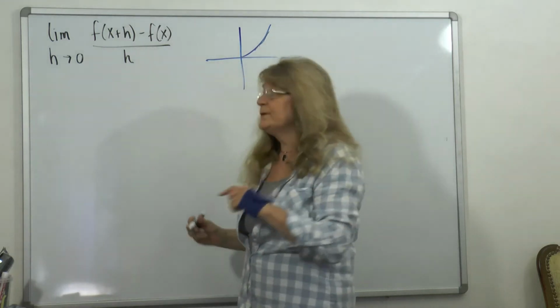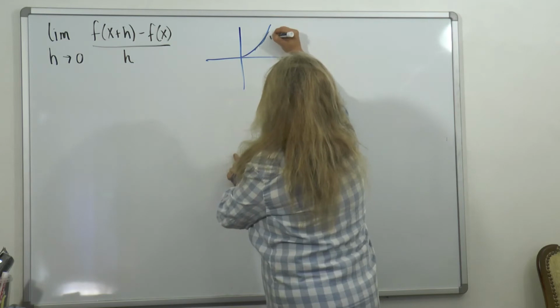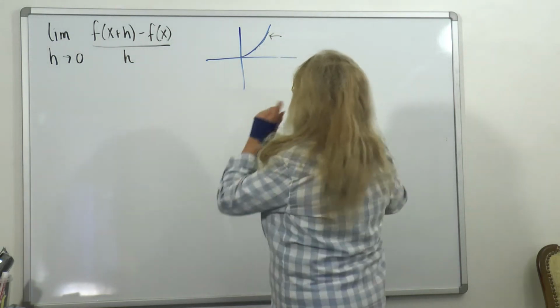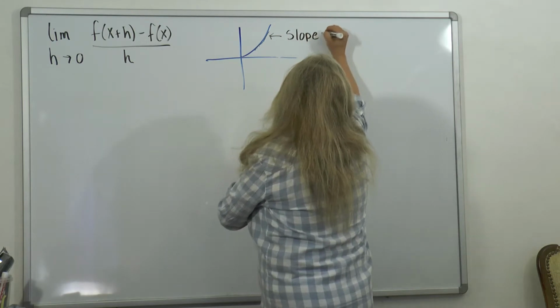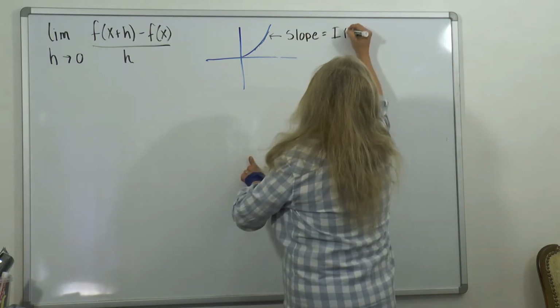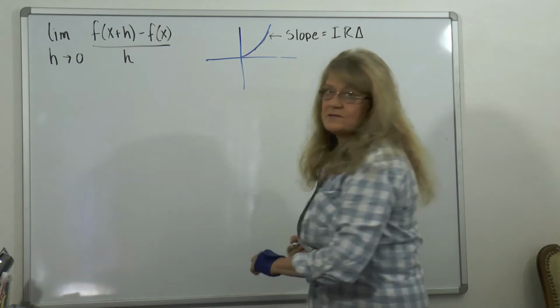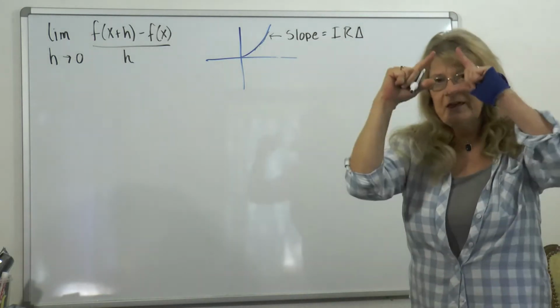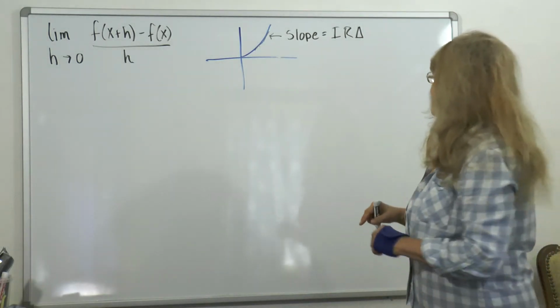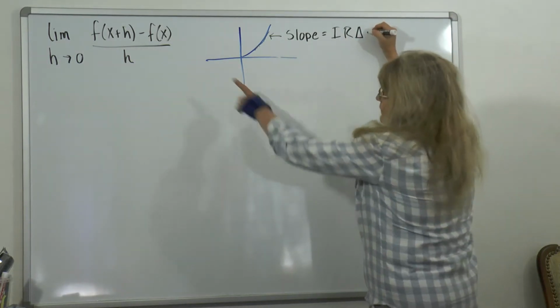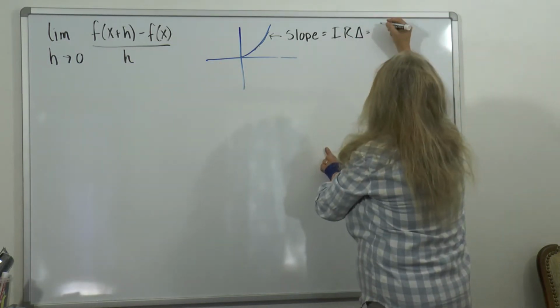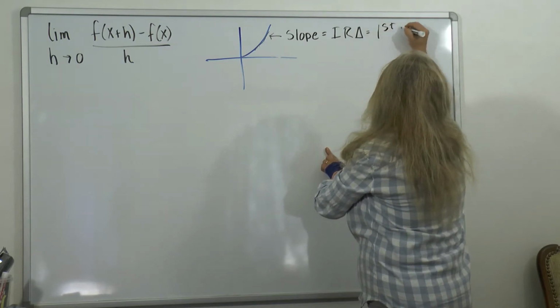That's a tangent line if it hits at only one point. The slope of that was our instantaneous rate of change. That's just shorthand for writing it. Remember that delta triangle means change. So instantaneous rate of change. And we use the limit to get that. That's also called the first derivative.